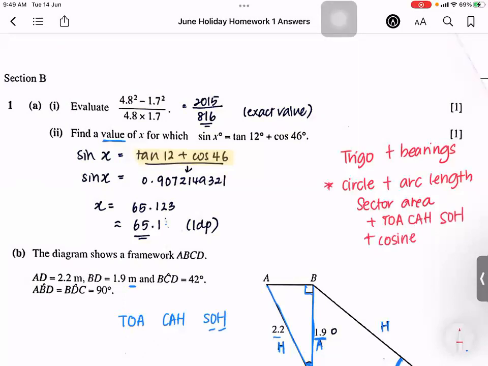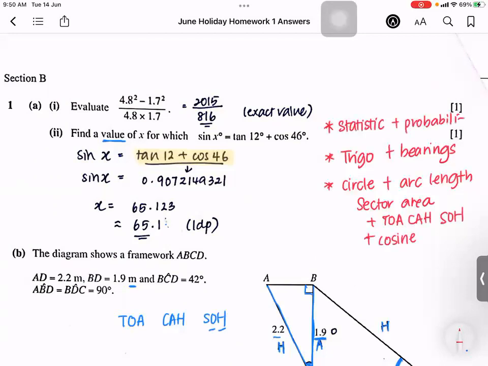Bearings, but some of you also do not know how to read the word problem. The third type is usually always statistics with probability.